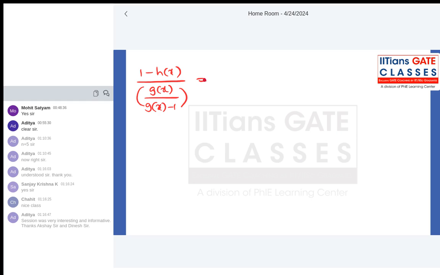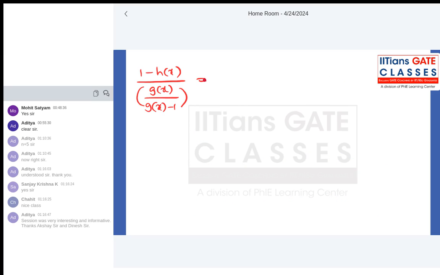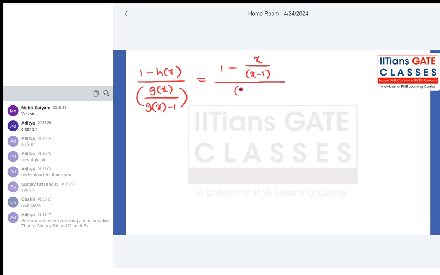Now what is the definition of h of x? Go back to the question. It is x divided by x minus 1. So we'll put all those things here. So this will be x divided by x minus 1 in the numerator, and g of x is defined as 1 minus x. So you'll have 1 minus x divided by 1 minus x minus 1 in the denominator.